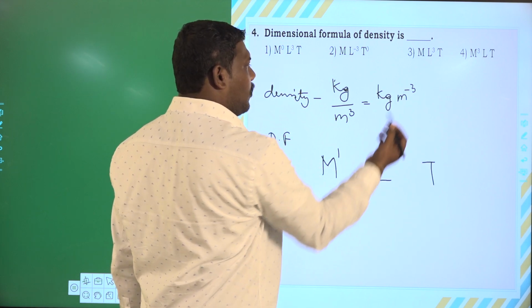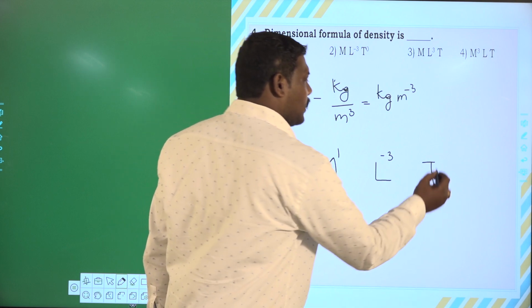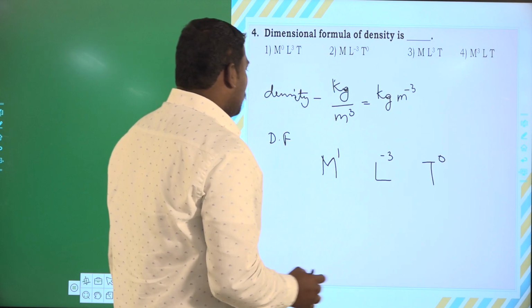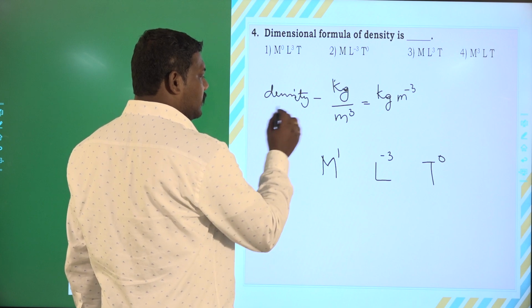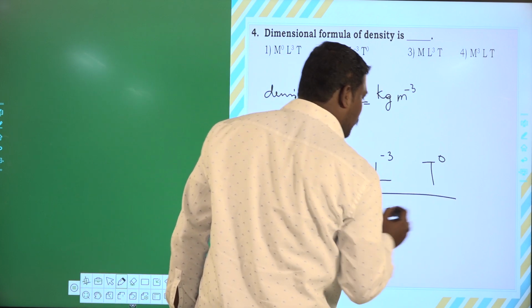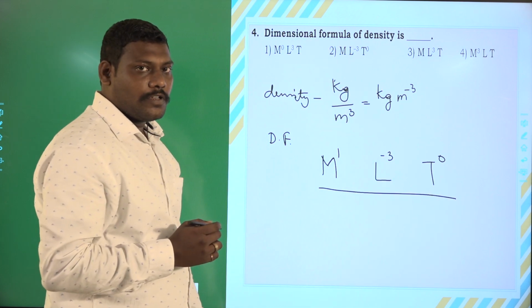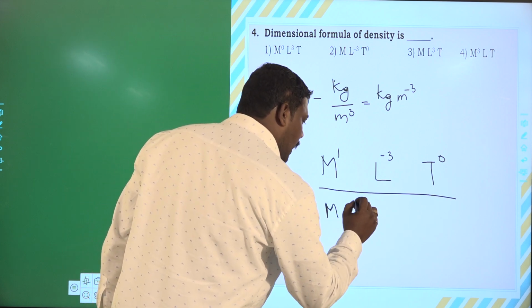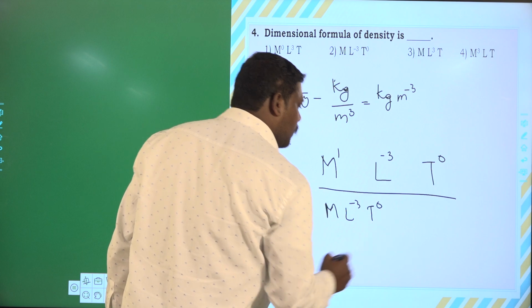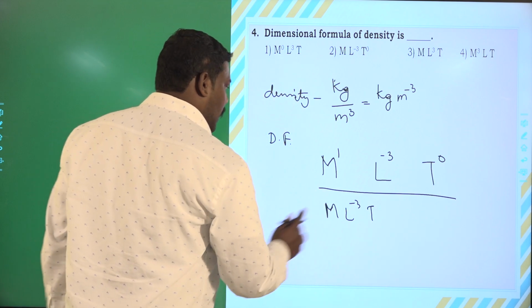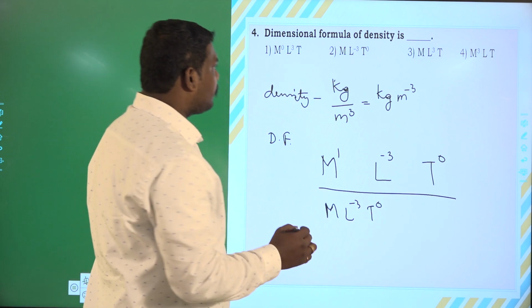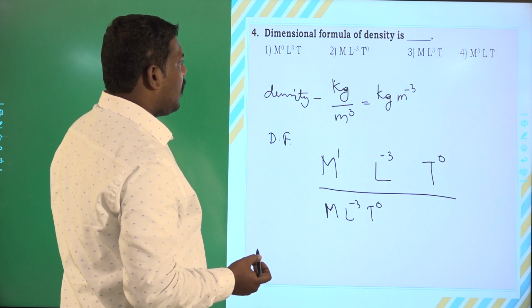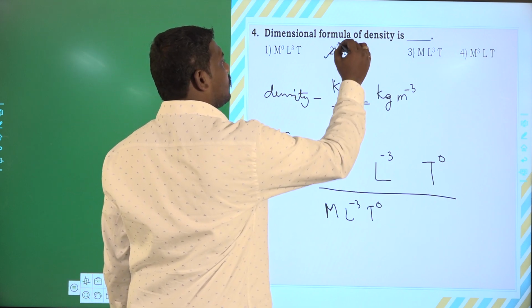Now time unit is not there, that means time is raised to 0. So the dimensional formula of density is M1 L power -3 T power 0, or you can simply write M L power -3 T power 0. That is the second option.